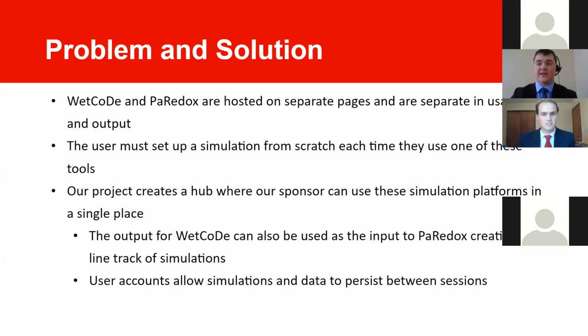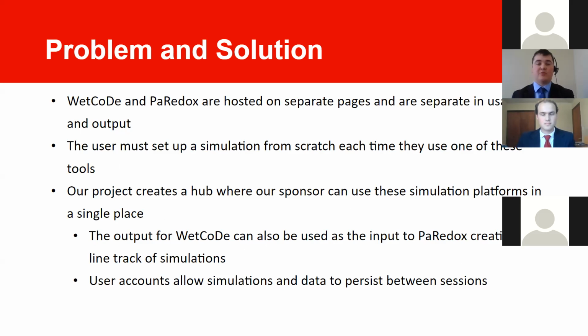So what was the problem that we faced and the solution that we developed? Well, two of those simulation platforms that Caleb mentioned are Wetcode and Paradox, and they're currently hosted on separate pages and have separate usage and output. So in their current state, a user has to set up a simulation from scratch every time they visit one of these pages to use that respective simulation platform.